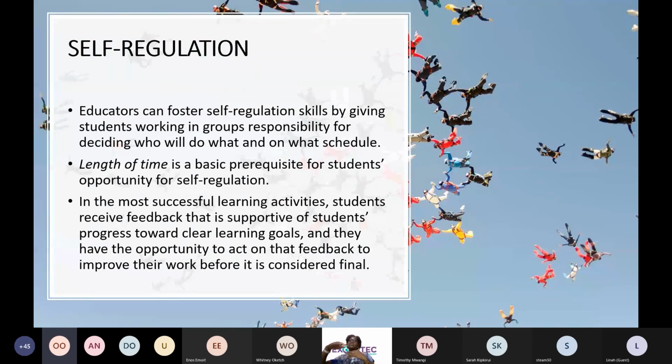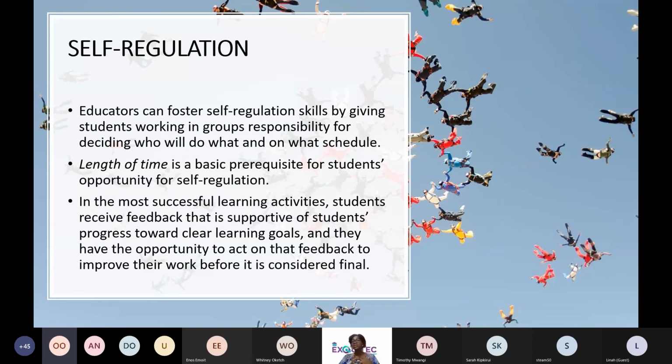One of the things about self-regulation is that along the line of their producing that project or product, they get feedback. So there's a success criteria that has already been made known to them. And then along the line, they get either peer review from their colleagues, or even the teacher, and they use that feedback gotten in the process of that activity to rework their activity to the final stage. So for self-regulation, there's the length of time, and then the students decide for themselves what they do.